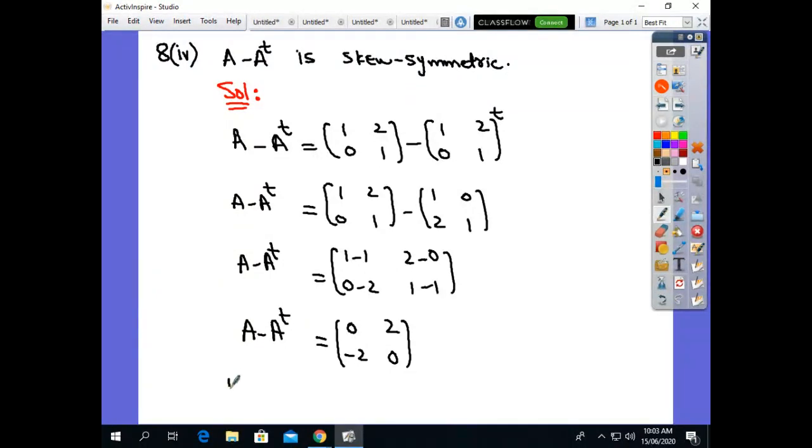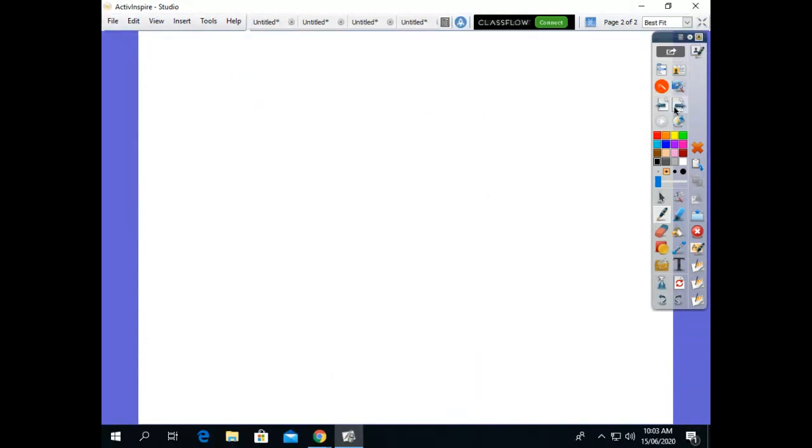Now taking transpose on both sides, we get A minus A transpose whole transpose is equal to [0, 2; negative 2, 0] transpose.